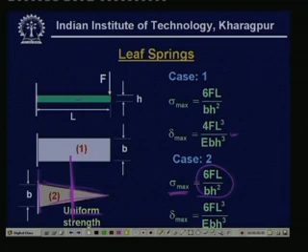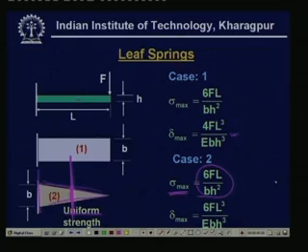So, if we have a shape like this, then the stresses at any location will be the same, and that is what we call a leaf of uniform strength.